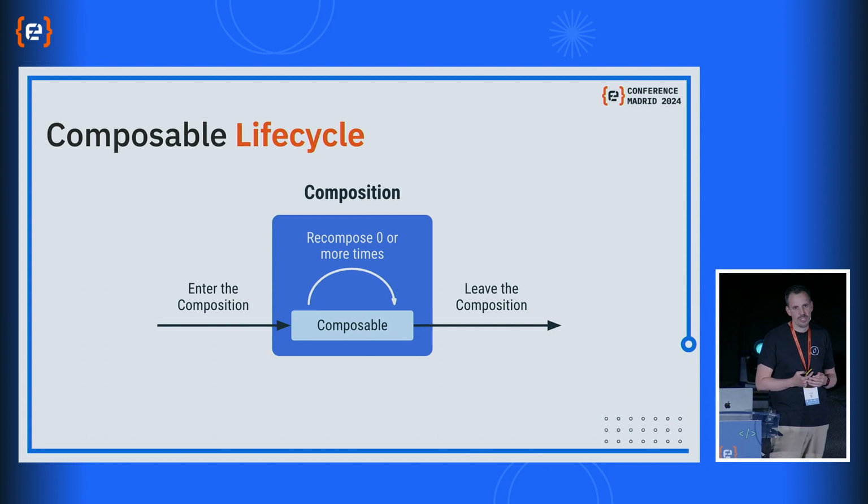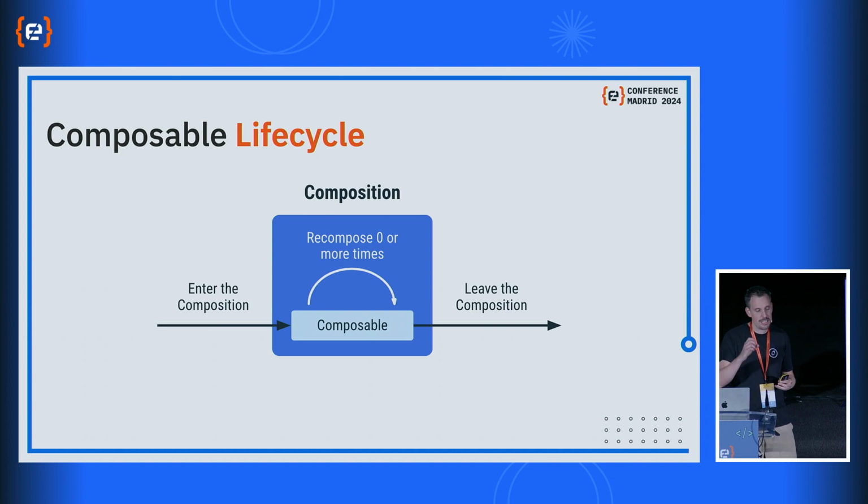It enters the composition, for instance, when a composable is under an if, and the if validates as true, then it enters the composition, which means that it's going to be represented in the UI tree that we saw before as a node in that tree. Then, if the state that affects that composable changes, it will recompose the number of times that it needs to reflect these state changes.